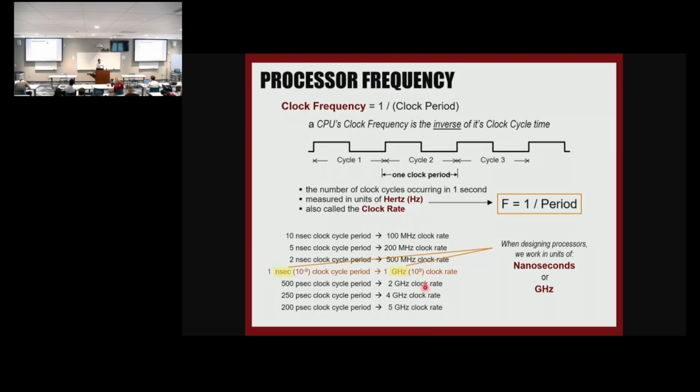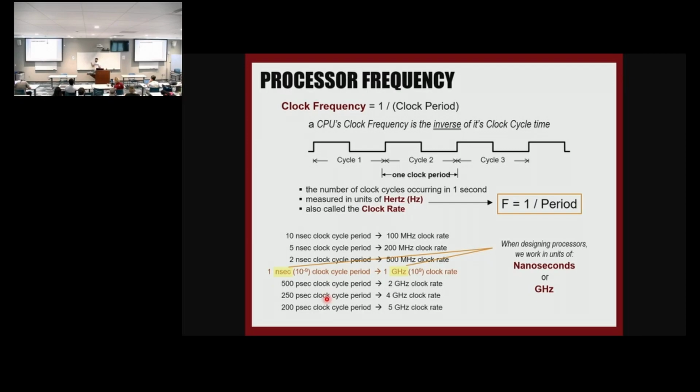So these are some of the familiar numbers here. I just put them here for you to know. And as a computer scientist and computer engineer, it's good to know these things. You don't have to go check Google to find it. It's simple. When we have 1 gigahertz, it means that the clock period is 1 nanosecond.